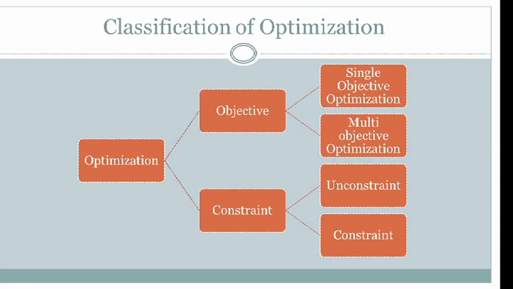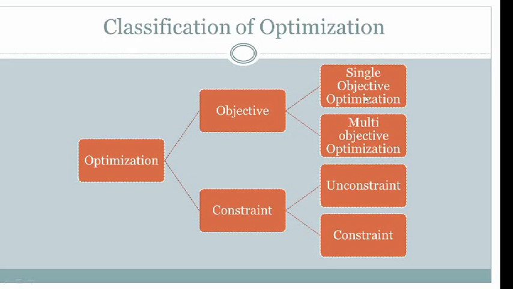Now let us see the classification of optimization. With respect to objective, there is single objective optimization, as we have seen, and also multi-objective optimization.